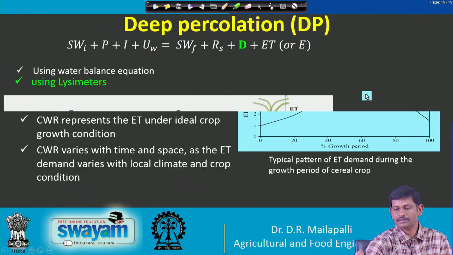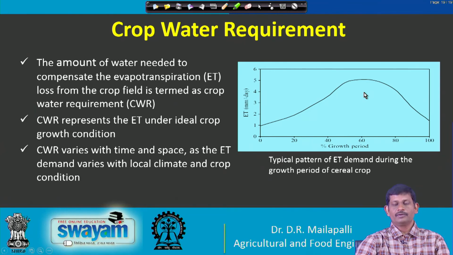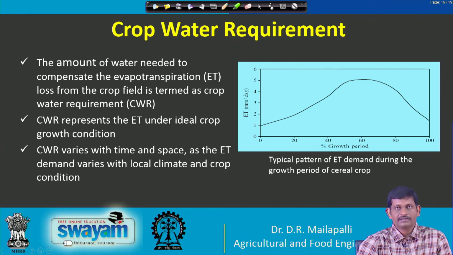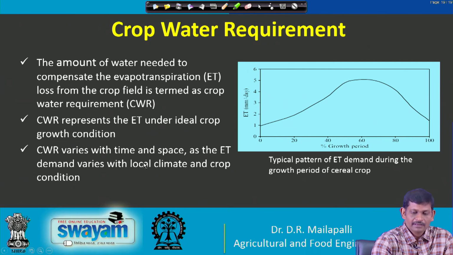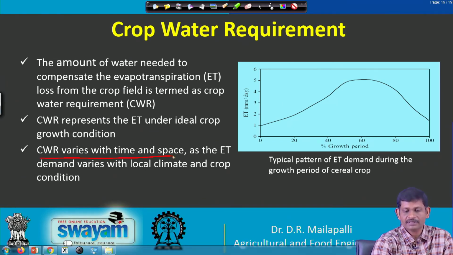Then the third one is another terminology, crop water requirement. This is similar to evapotranspiration. Mostly we look at the seasonal crop water requirement, that is, how much water the crop really requires during the season. The crop water requirement varies with time and space, as the ET demand varies with the local climate conditions.